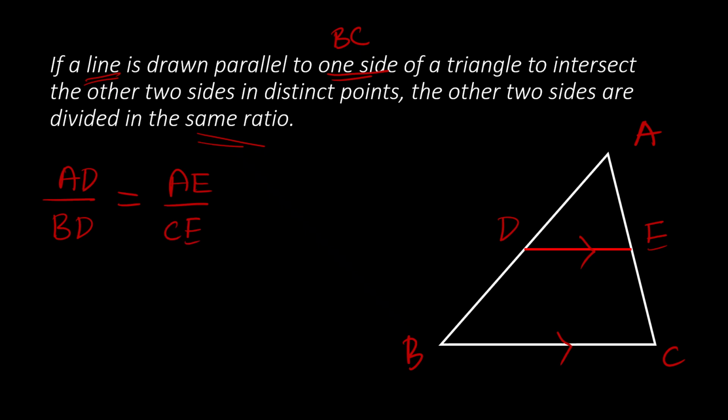To prove this, we are going to join certain points and draw altitudes to a particular triangle. Here I am going to join the points D and C, and B and E. And to the triangle ADE, I am going to draw two altitudes. Altitudes are nothing but a line from a vertex of the triangle to the opposite side, drawn at 90 degrees.